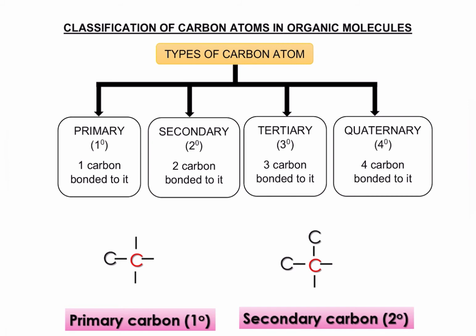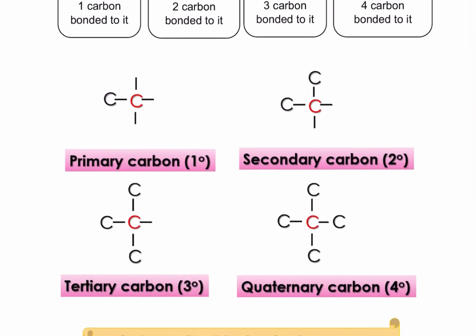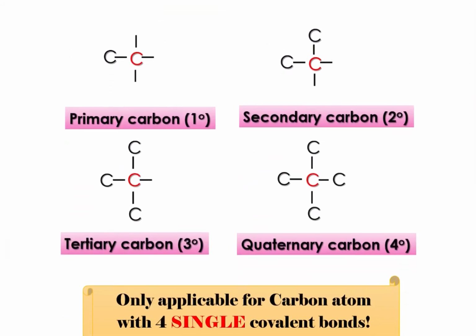the center carbon. And if you take a look at this picture, you can see that we focus on the red carbon. With one carbon next to it on the left, this is going to be a primary carbon for the red one. The next example, I got the red one with another 2 carbons attached to it.